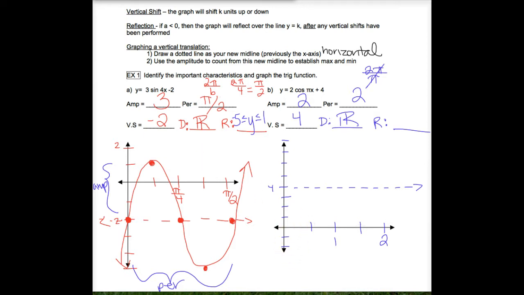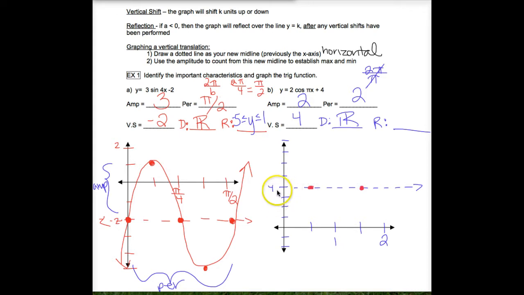Now remember the difference between sine and cosine. Sine graphs start at 0, 0 on the midline. Cosine graphs start up at the maximum, and the second dot is on the midline. So my second dot is going to be here, and then so will this dot here because it's every other.